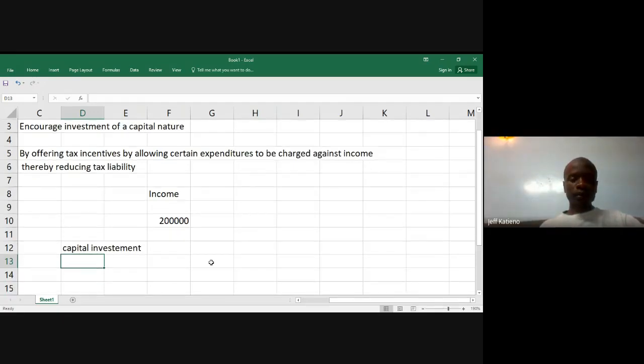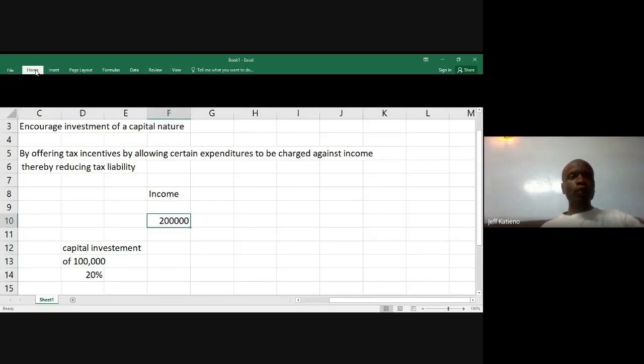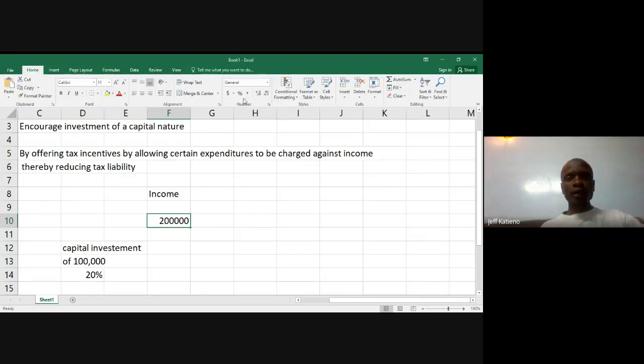This is just an example, and maybe the government will allow you 20% of this as an allowable expense. So the taxable income now will not be 200,000.